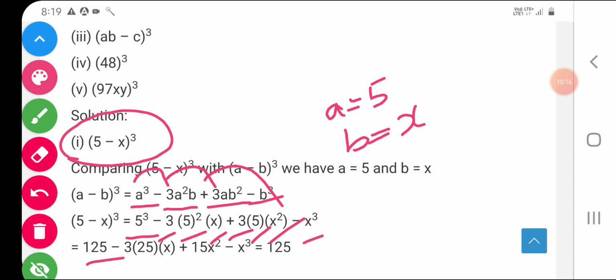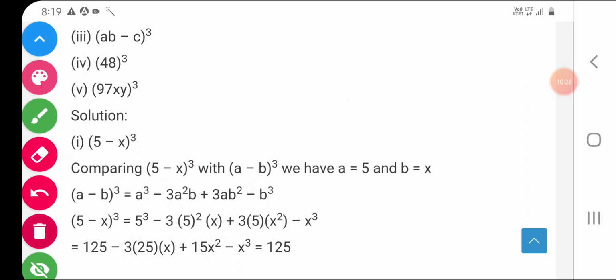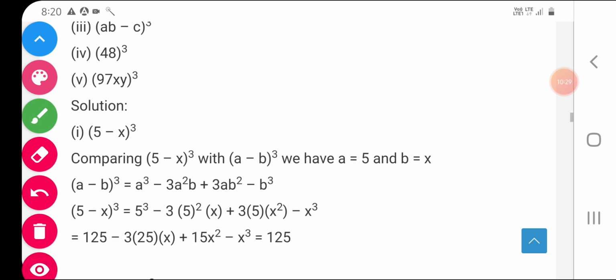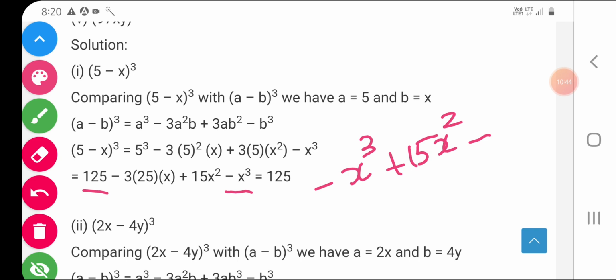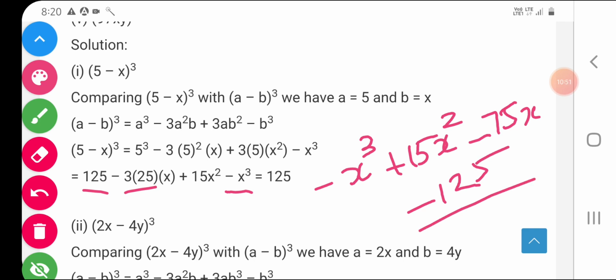Now 5 cube is 125, minus 5 square value 25 into 3 into x, plus 3 5s are 15 x square, minus x cube. We will write in order: minus x cube plus 15x square minus 3 into 25, 75x, minus 125. This will be our final answer.